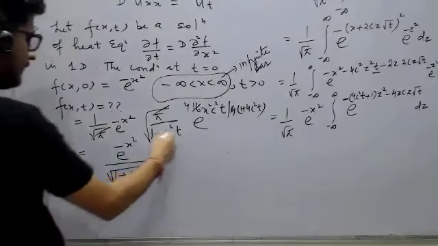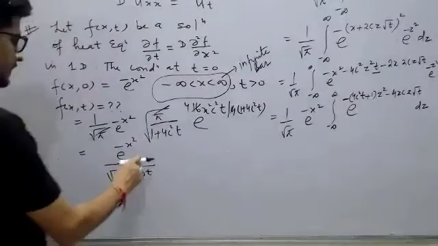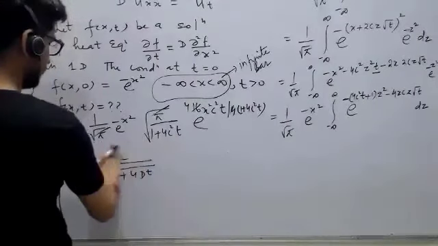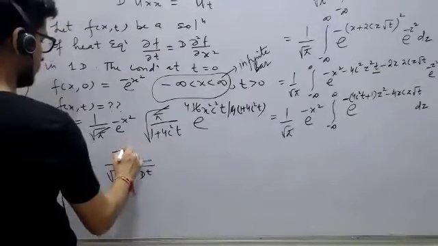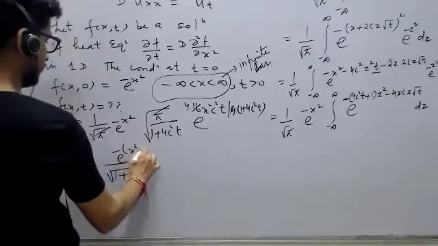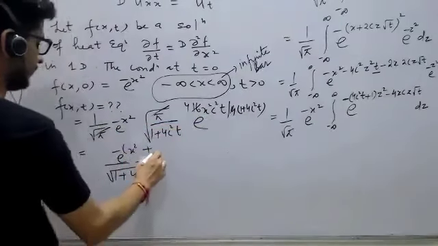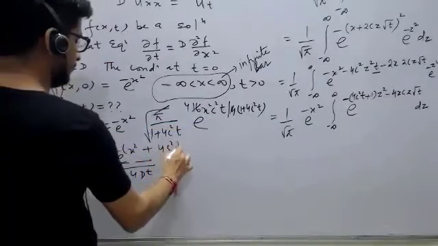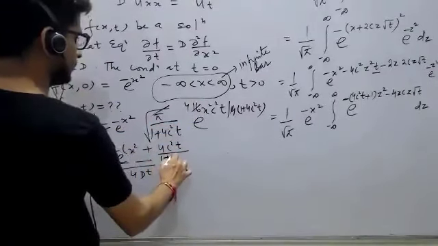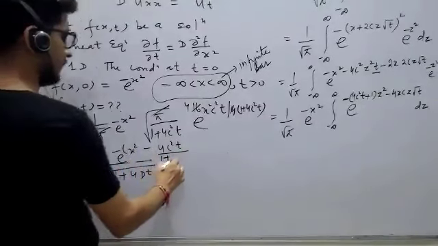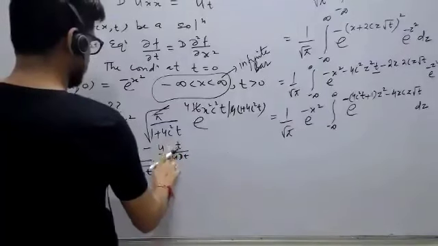And here e to the power minus common x square plus, here we have to see, 4c square t by 1 plus 4ct, and here also 4ct.